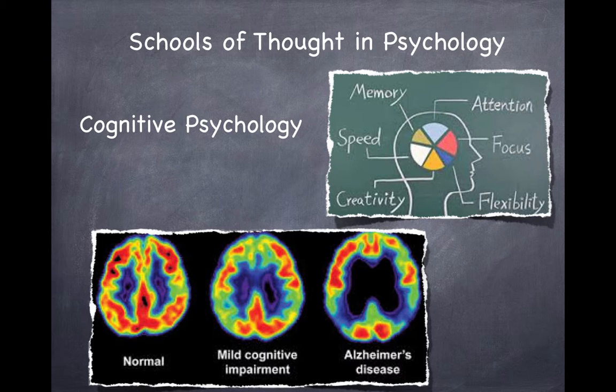What you're seeing on the bottom slide is a PET scan, and you're seeing the active difference between brain activity of a normal person on the left, someone with mild cognitive impairment, and someone with Alzheimer's, and that they can actually see physical differences in the way the brain is working. I think you'll see some of the research that's been done in this area is quite profound in terms of understanding how the brain works and how we work.